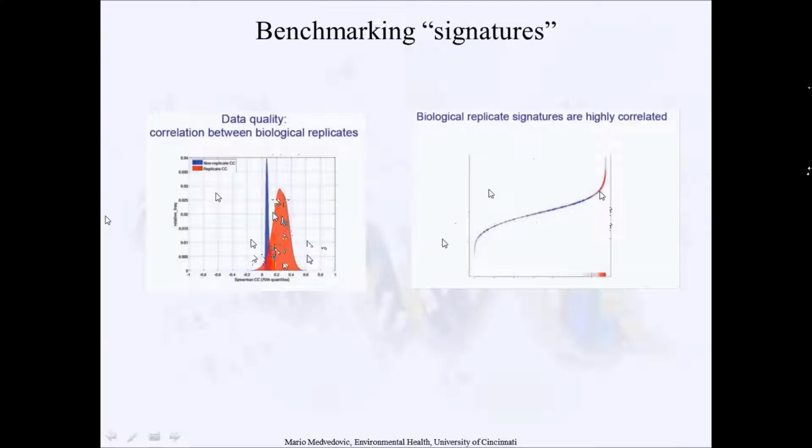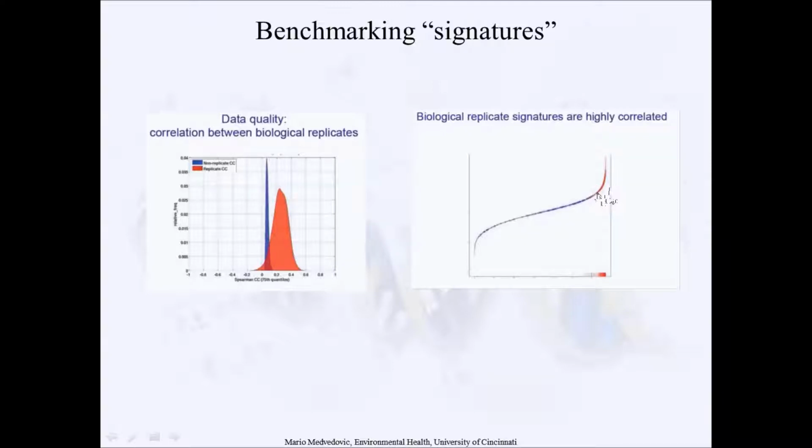But the other criterion is that they also need to be specific, meaning they cannot just correlate to anything. In their case, I believe they were saying that they need to correlate better than 1% of random pairs of profiles. If that is the case, they are classified as gold.